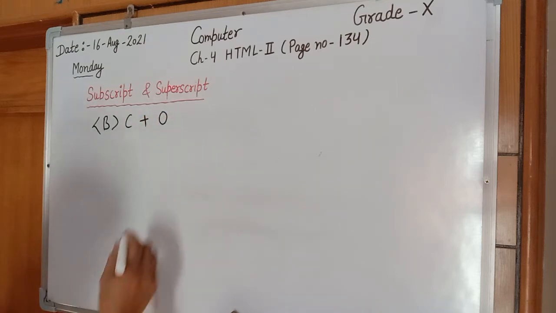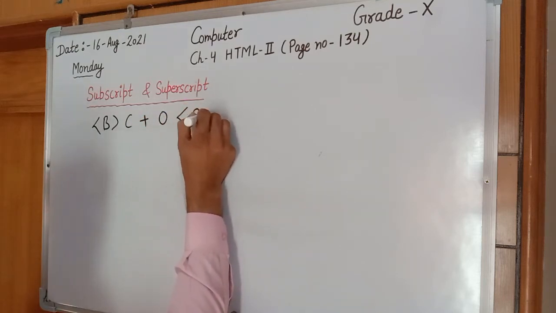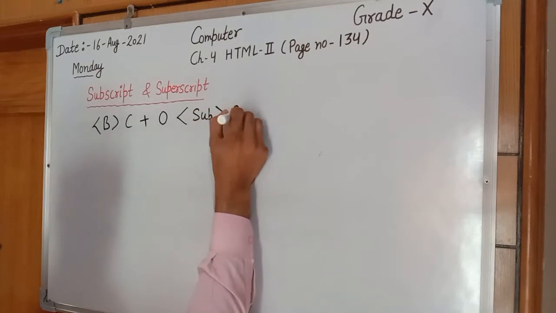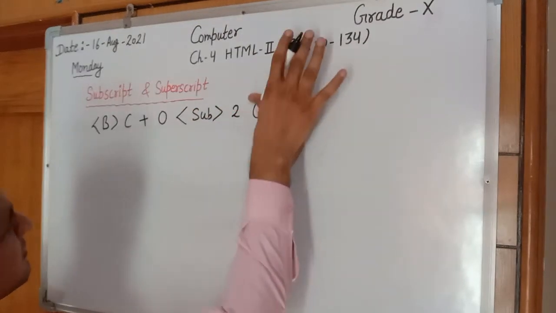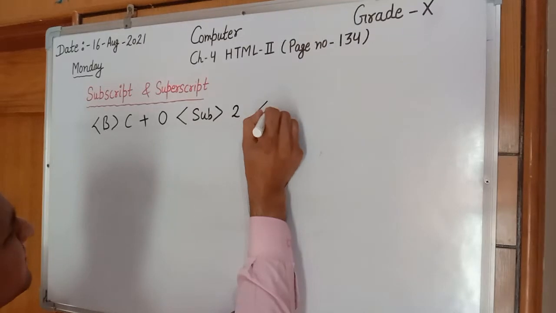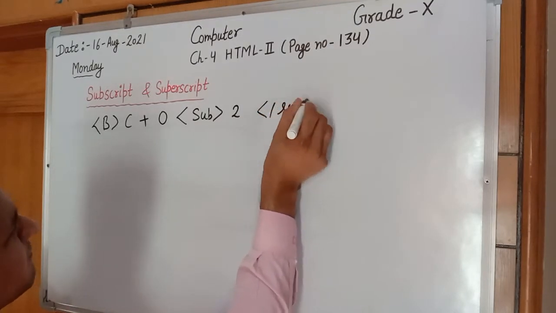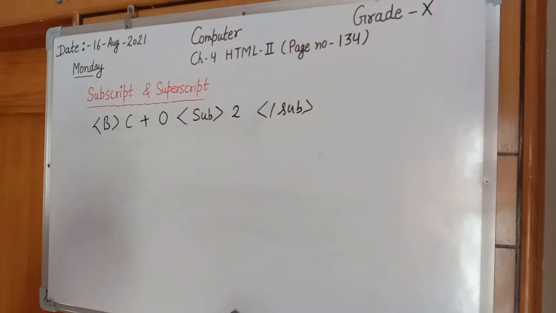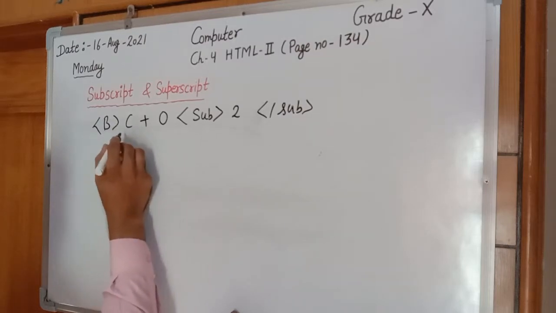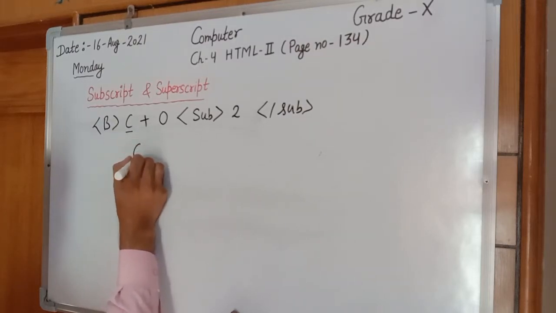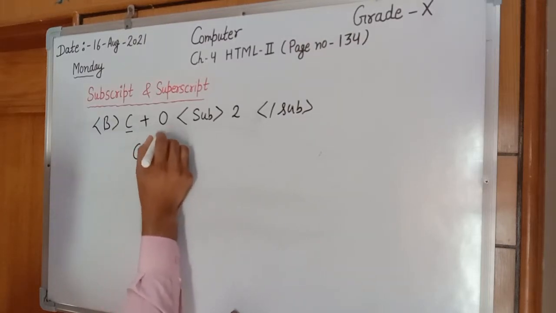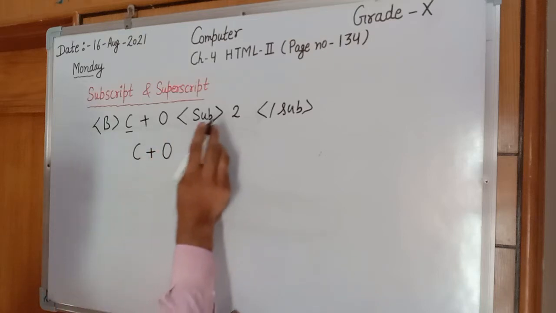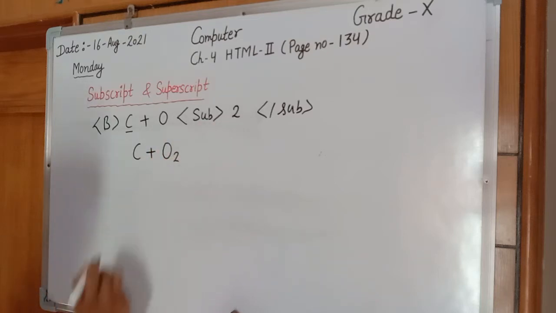Afterward they have written sub, then they have written 2, then they have closed the sub tag. So what will be the output of this part? It will become bold form C plus O, and sub will bring the 2 down.